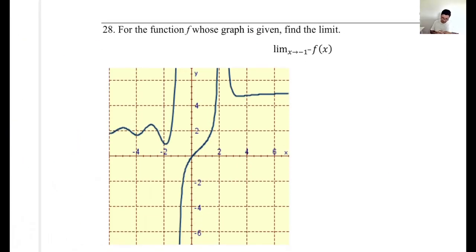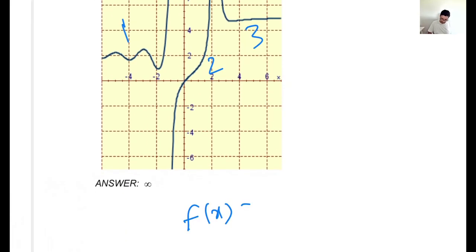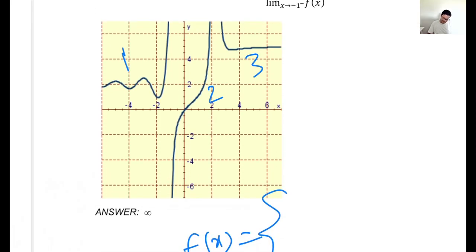And one more question here. Find the function whose graph is given and then find the limit. Okay, finding the function whose graph is given, there are going to be 1, 2, and 3 components for that graph. So first of all, you are going to define a piecewise function. And what will the exact equations be?